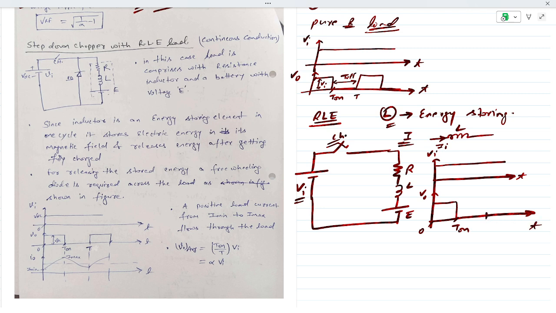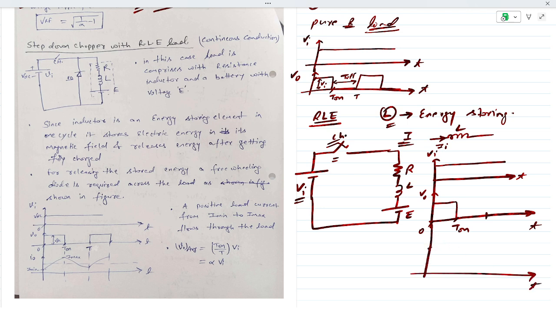Now, this L is getting charged during the on period. When the switch is off, no input voltage is there, meaning no current can flow through this L. But the tendency of L is to not allow sudden change of current. Let us draw the current waveform also.